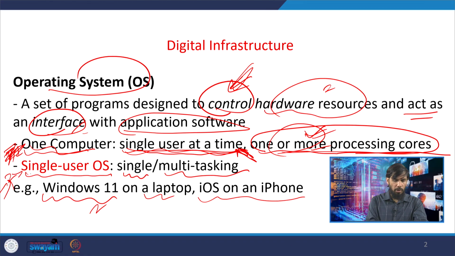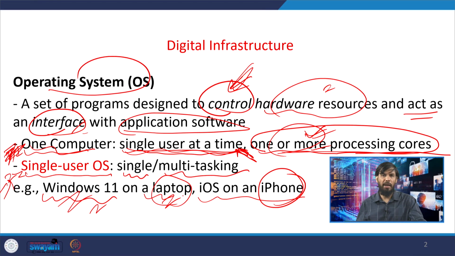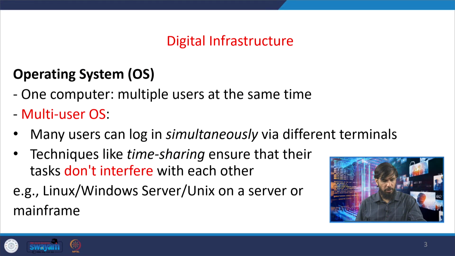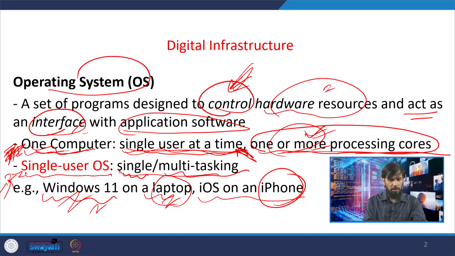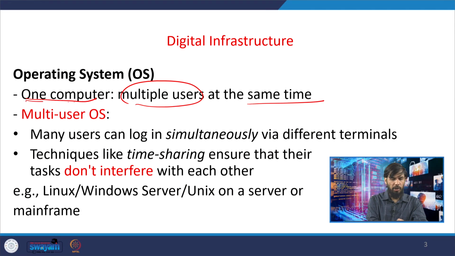The single user OS is more like a laptop or iPhone, because a laptop and iPhone are more likely to be used by a single user who would be owning it, in a single multitasking scenario. Next is one computer, multiple users at the same time. Earlier we said this scenario was one computer, single user at a time. Now the next one is one computer, multiple users at the same time.